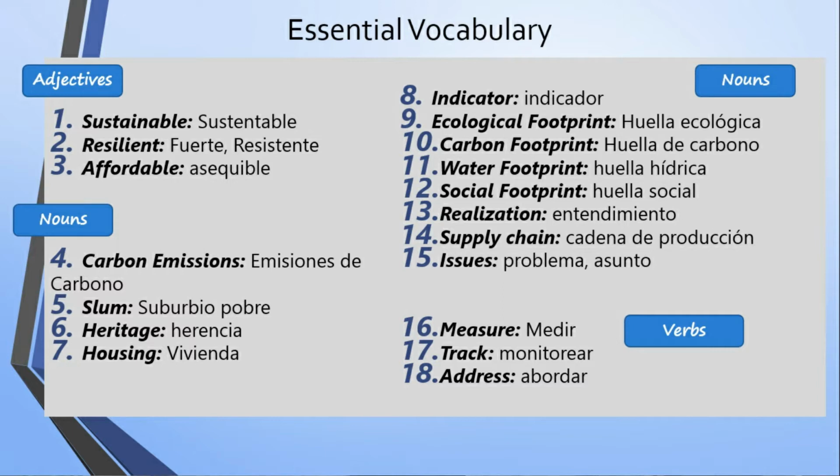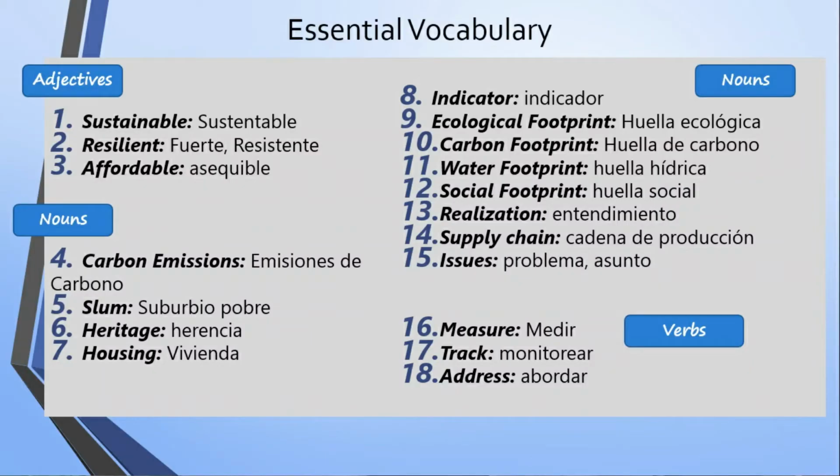Realization, supply chain, and issues. The verbs are measure, track, and address. So pay attention to these words. The concepts are here on the screen, as you can see in the presentation, but the idea is that you try to keep them in mind.